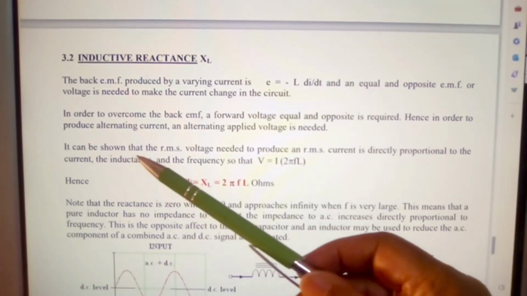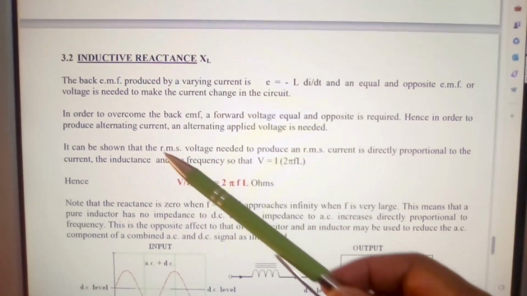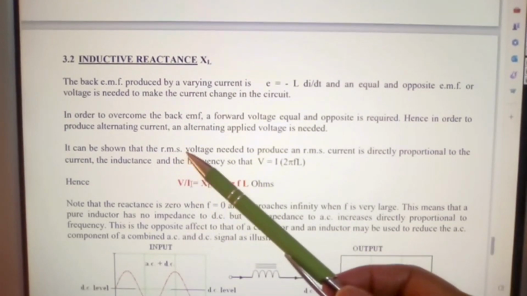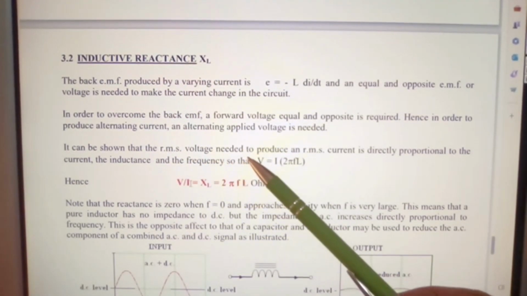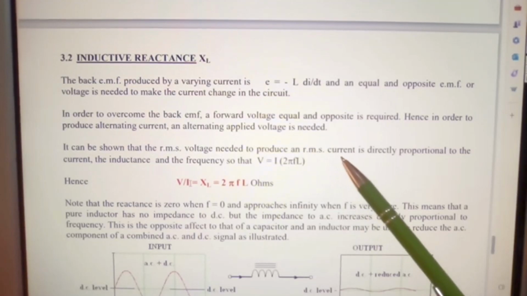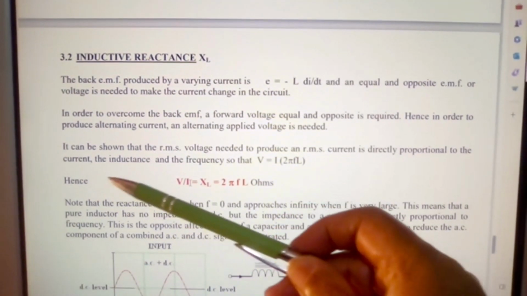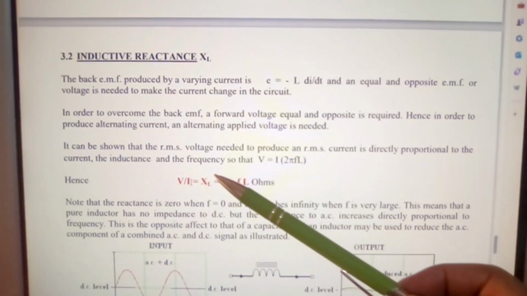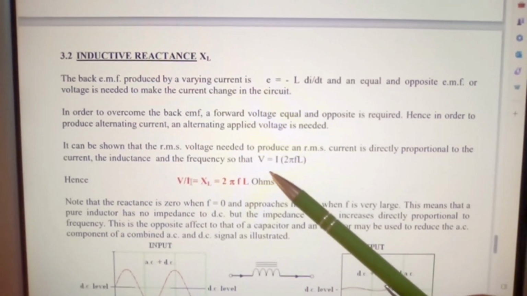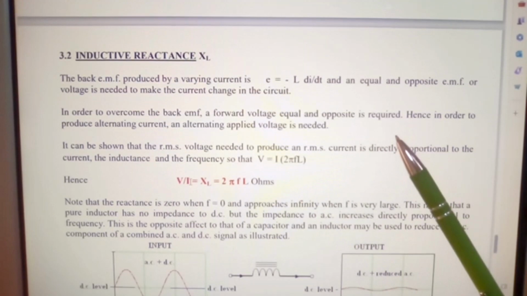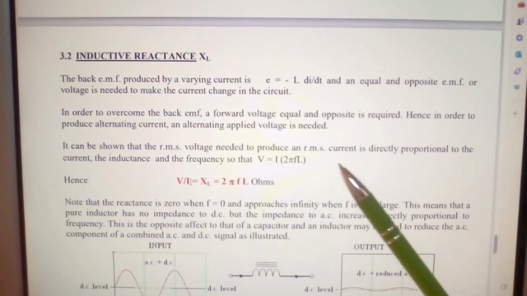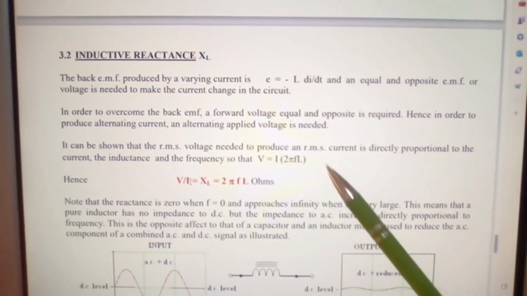It can be shown that the RMS voltage needed to produce an RMS current is directly proportional to the current, the inductance, and the frequency, so that V equals I 2 pi FL.